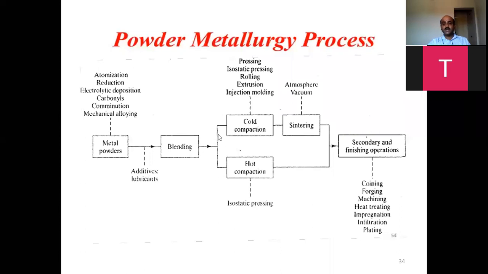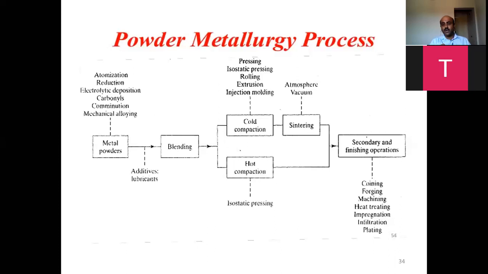Then next come the two important types of compaction, either cold compaction or hot compaction, depending on the kind of powder metal you are using. Pressing, isostatic pressing, rolling, extrusion, and injection molding come under cold compaction, and hot compaction is only isostatic pressing.